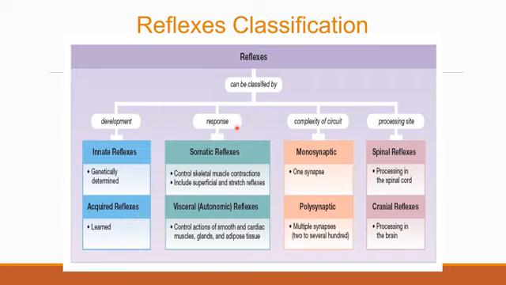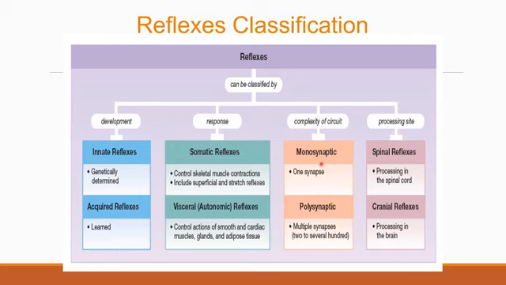The classification by response produced gives somatic reflexes and visceral or autonomic reflexes. Somatic reflexes control skeletal muscle contractions, and include superficial and stretch reflexes. Visceral or autonomic reflexes control the actions of smooth and cardiac muscles, glands and adipose tissue.